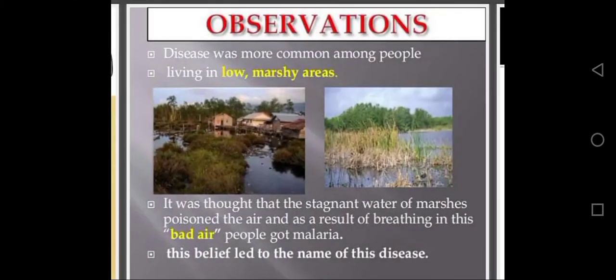To solve this problem, the people of ancient times made observations. They thought that the disease is caused by marshy places, by the blowing of wind, and by the stagnant water.